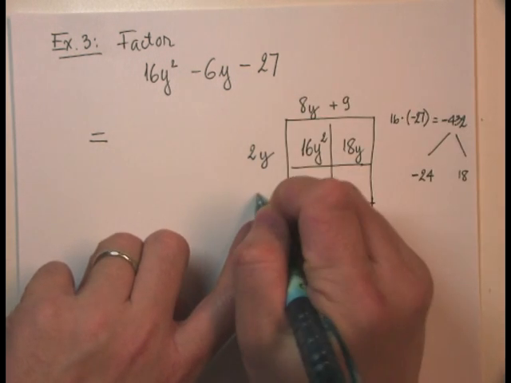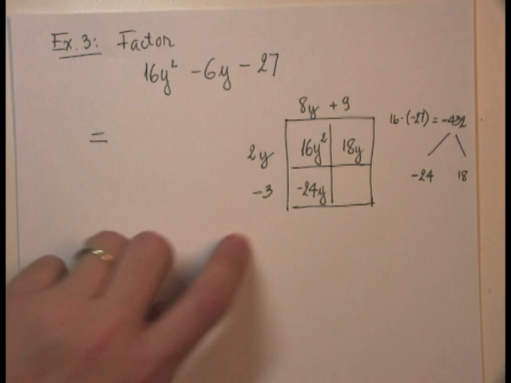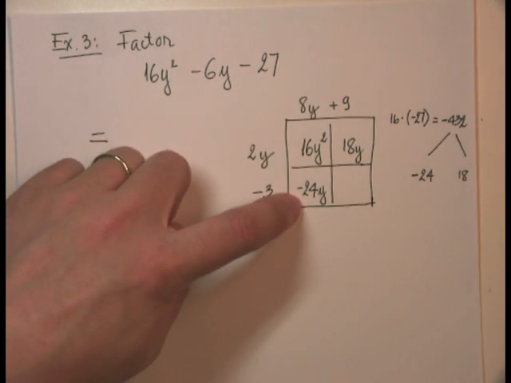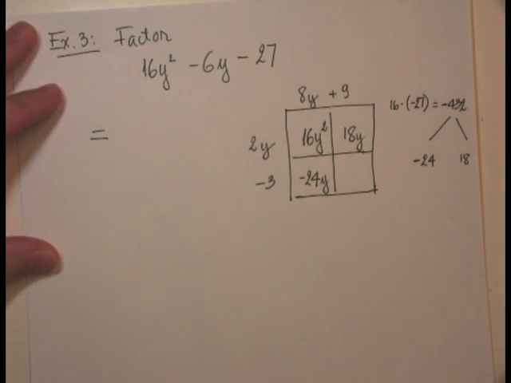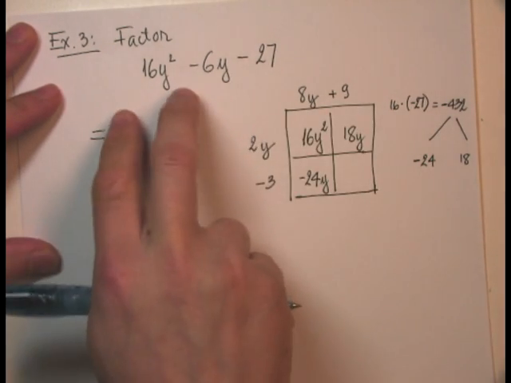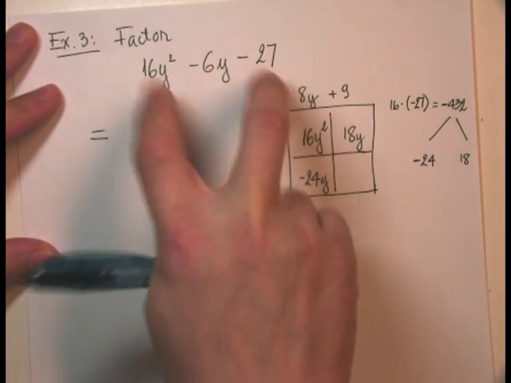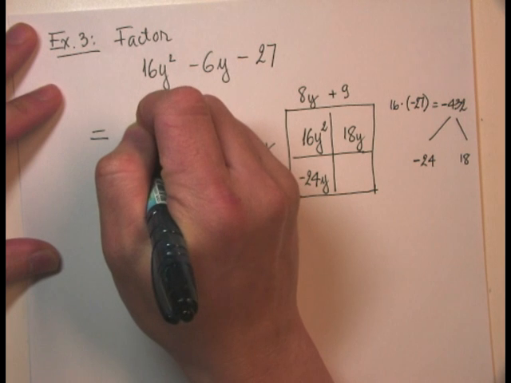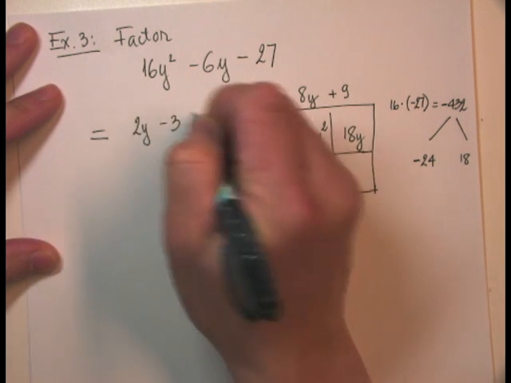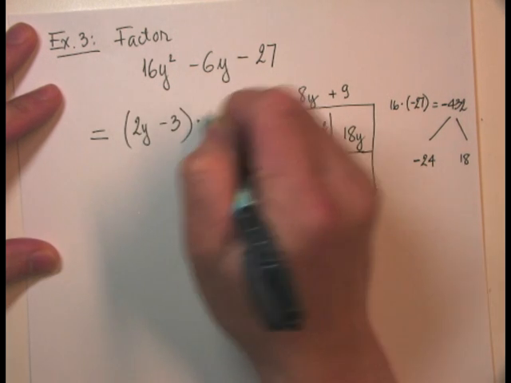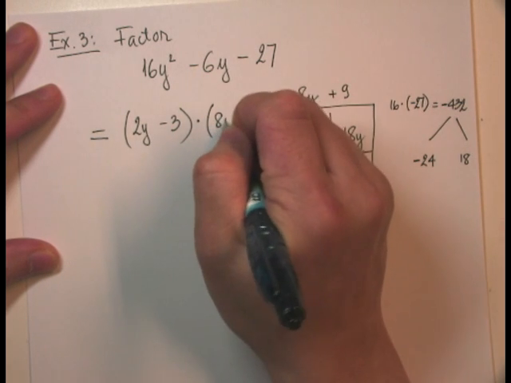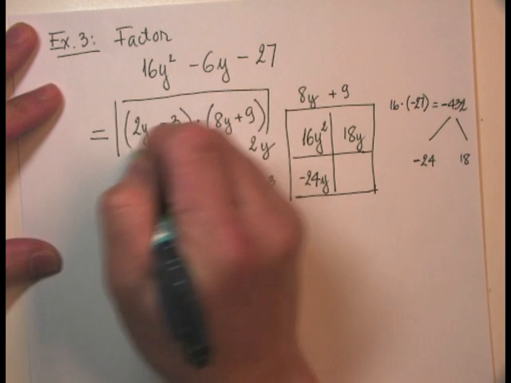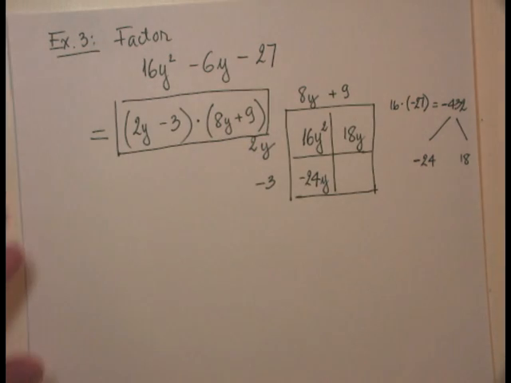The other factor has to be minus 3, and minus 3 times 8y equals negative 24y. And so the answer to the factors of this quadratic is now clear. One factor is 2y minus 3 in parentheses, and the other factor is 8y plus 9 in parentheses. And that is how I factor my third example.